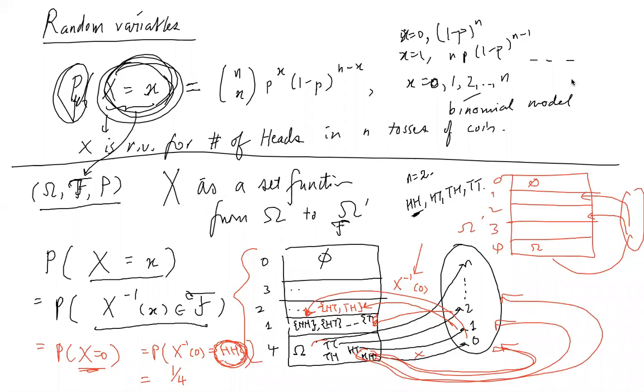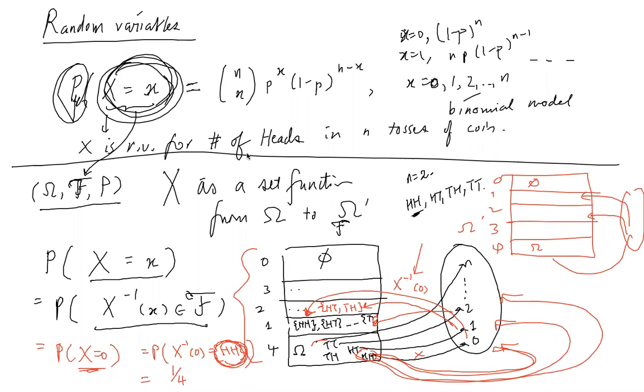But this part I hope is clear to you because this is very useful. If you are able to draw out the diagram like this, you more or less understand what a random variable is already, by relating it to the sigma field.